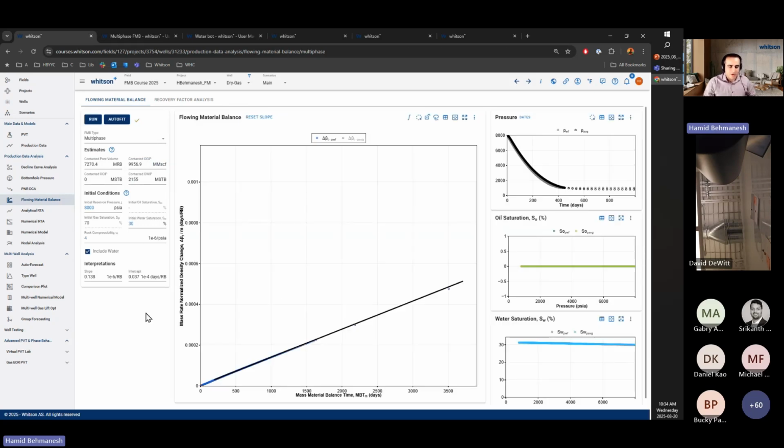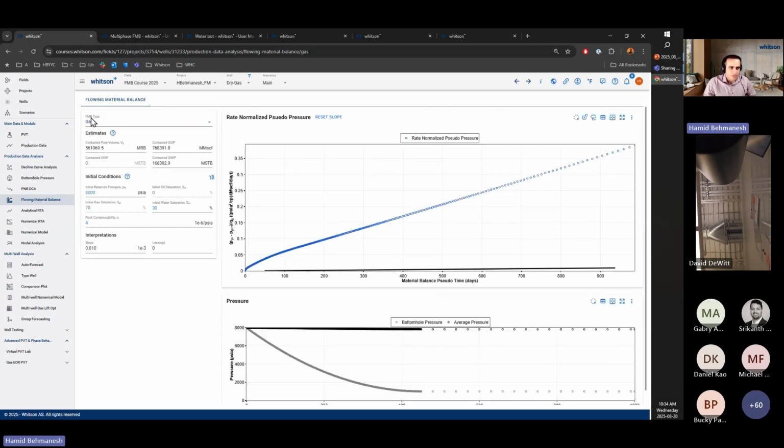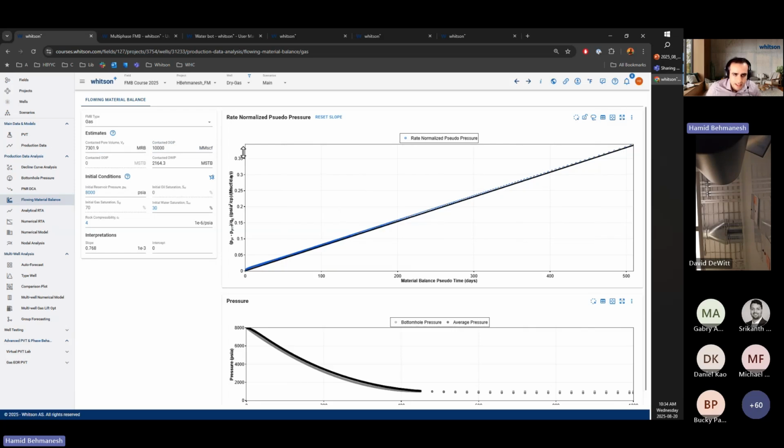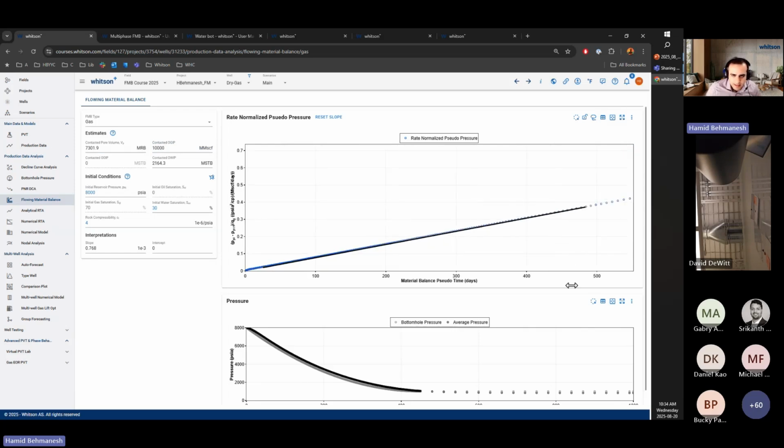And then for this dry gas, there's another option, which is called simply for dry gas. It's a kind of iterative approach. So this is, you see, there's no iterative approach. If you switch to flowing material balance type gas, then I'm gonna input my OGIP, which is 10 BCF, and my line is lining up on the data. So why is it an iterative approach?